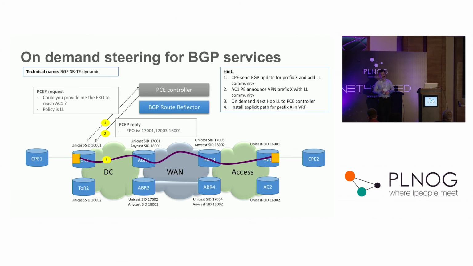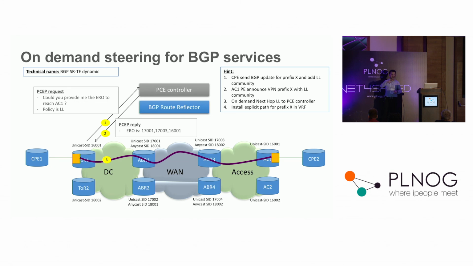And then TOR1 will say, okay, I have that prefix, but I have a policy on top of that. And that policy is, in this case, LL, for that specific prefix. It can mean many things. It can mean, for example, a low latency path: I want to reach a destination, but I need you to calculate a low latency path for me. So it goes back to the controller and says, I have that prefix, I have that policy, and that policy can mean everything, so now calculate a path to reach the destination, which is CPE2 somewhere, based on that BGP community, okay?